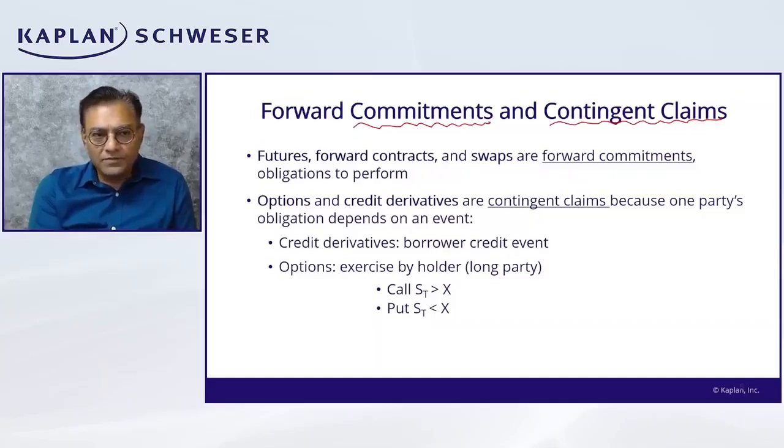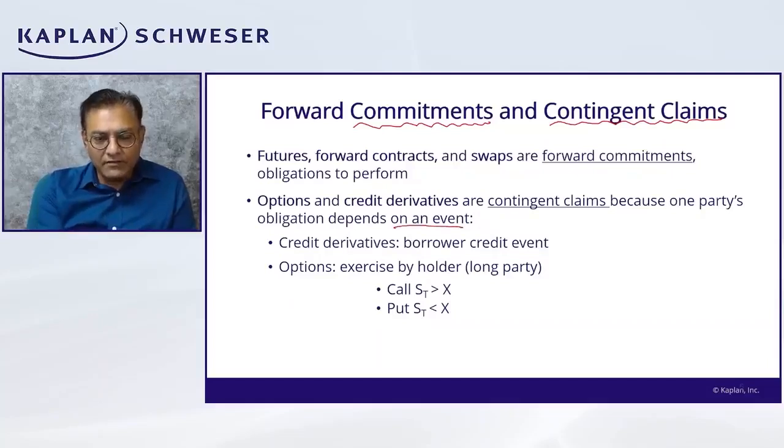So forwards, futures, and swaps are forward commitments, whereby we enter into the contract today, but the obligation to complete the contract occurs at some future point in time. Options and credit derivatives are contingent. Why? Because one party's obligation depends on the occurrence of an event, on a condition.